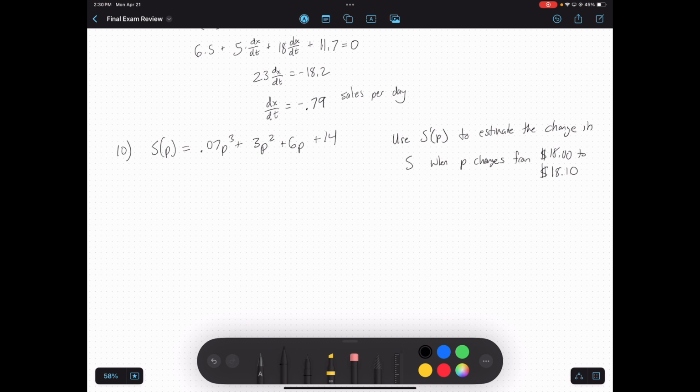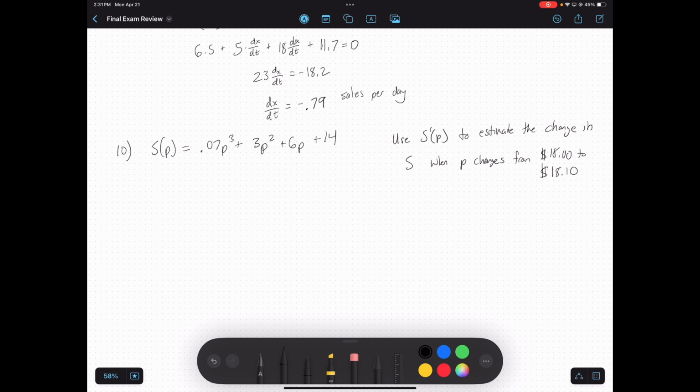Plug in $18.10, see what you get, and then find the difference. Subtract it. But we learned with differentials that you can use derivatives to estimate, because in some cases the derivative might be simpler to calculate than trying to calculate the actual value. So that's what this is asking me to do, is let's use the derivative to estimate the change.